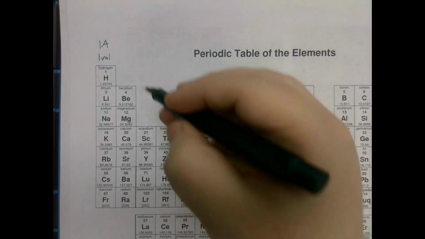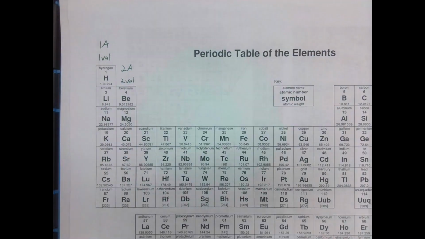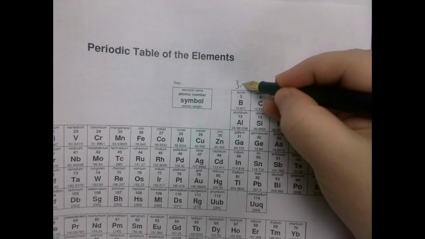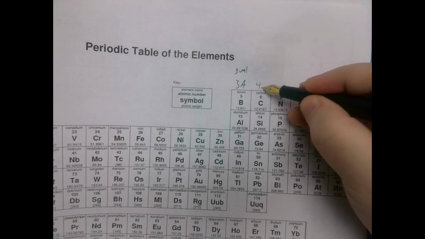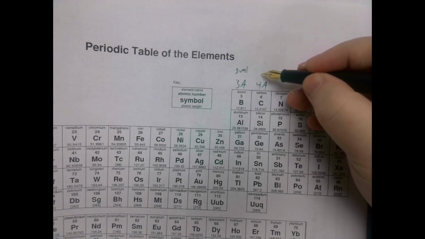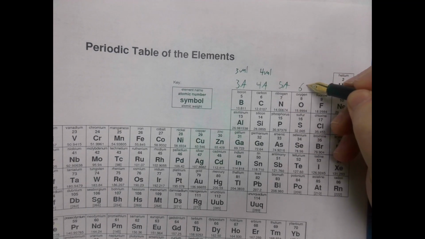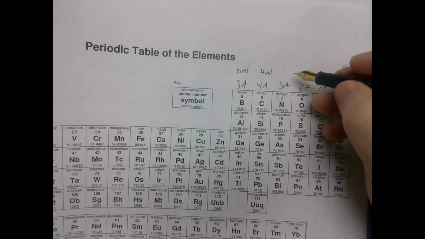Everything in group 2A has 2 valence electrons. This is 3A. Everything in 3A has 3 valence. This is 4A. Everything in 4A has how many? 4 valence. Then we have 5A, 6A, 7A. Then the noble gas is 8A.